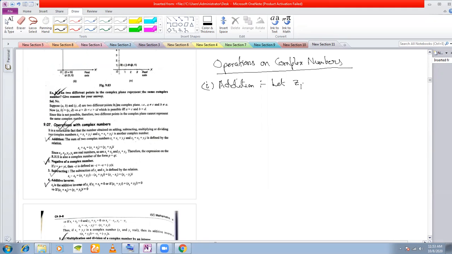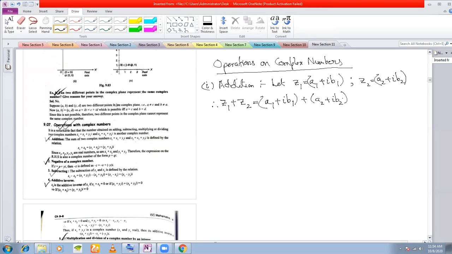Suppose I take z1 = a1 + ib1 and z2 = a2 + ib2. How do we add these two complex numbers? The sum is (a1 + ib1) + (a2 + ib2).